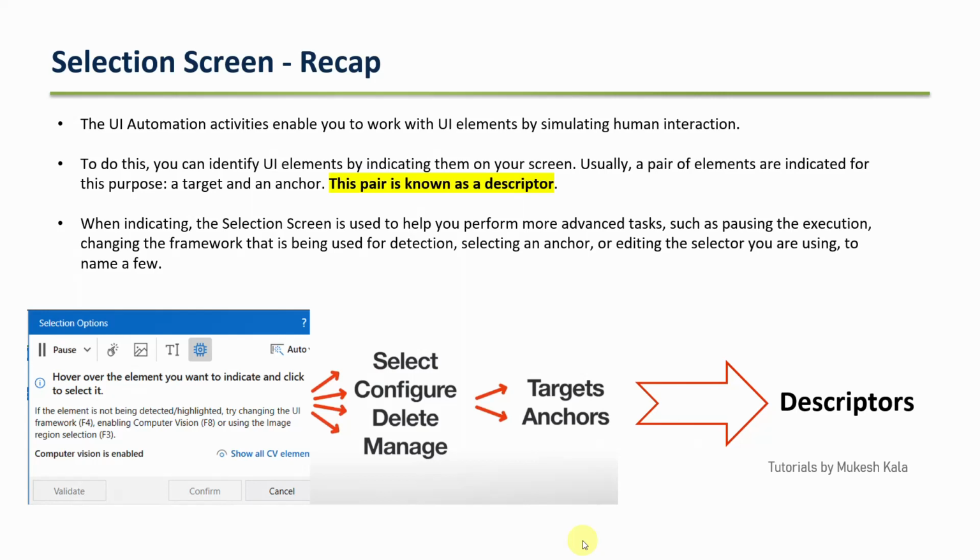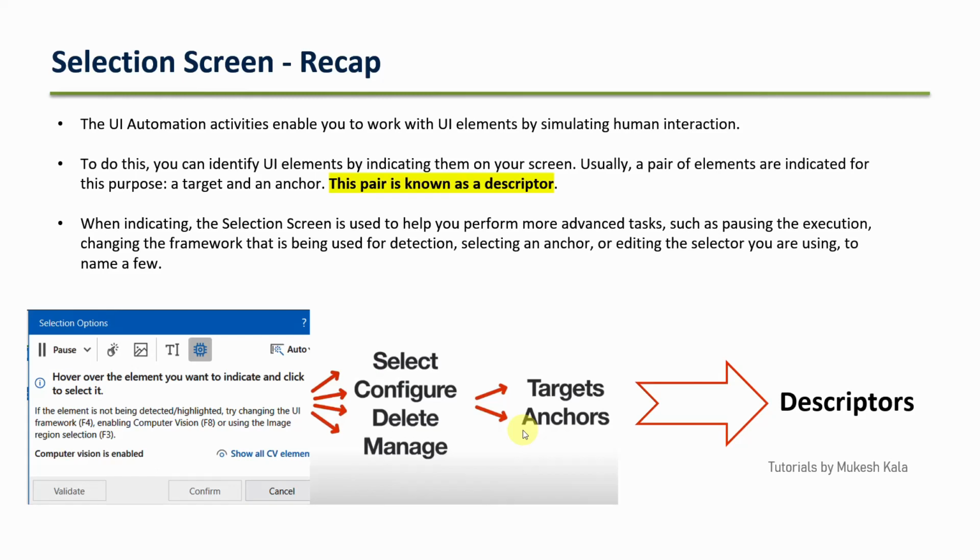Once we have used the selection screen, and we have discussed all of these properties in the previous video, right? So let's say you are done with the settings of the selection screen and you click on this button which is confirm here, then you get a different window which is a kind of configuration setting window, and that has a lot more settings as compared to the selection options.